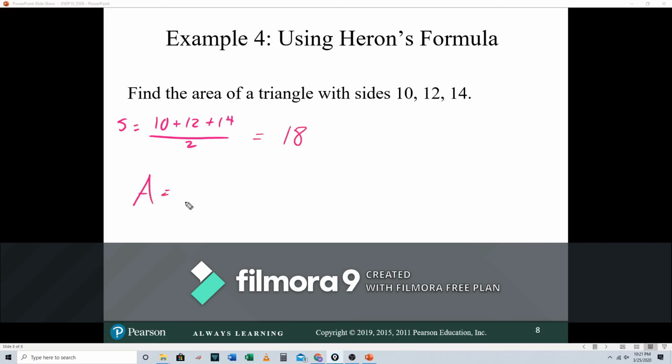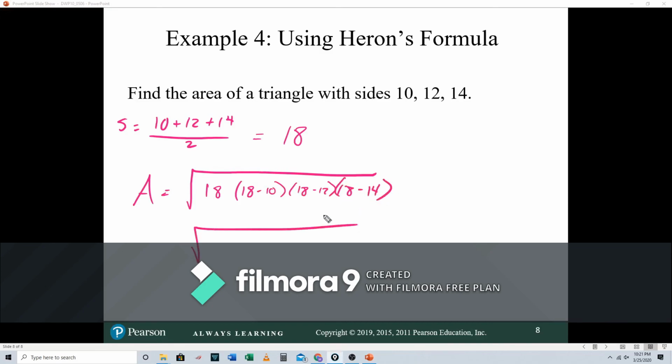So the area is equal to the square root of 18 times (18 minus 10) times (18 minus 12) times (18 minus 14). So it's the square root of 18 times 8 times 6 times 4. I'm just going to plug that in a calculator. And you get, approximately, rounding to one decimal place, 58.8.